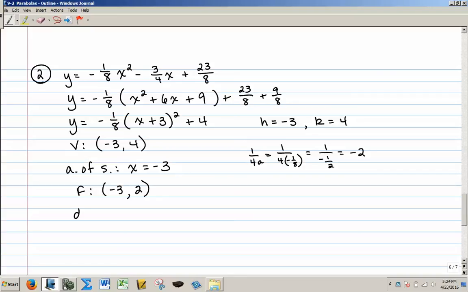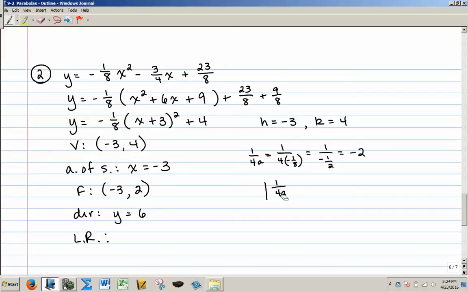My directrix is the line y equals k minus that number, so that's going to be the line y equals 6. The length of my latus rectum is going to be 8, because remember that's the absolute value of 1 over 4a.